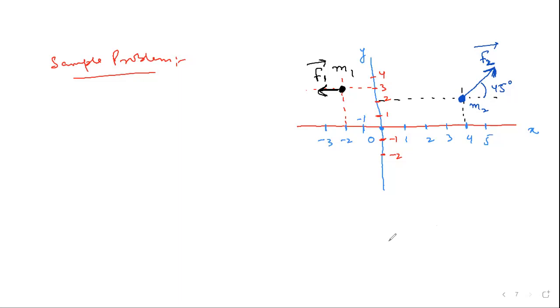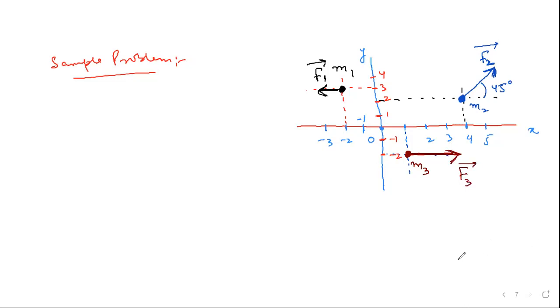Then I have another particle at the location x equal to 1, y equal to -2. This is my M3. It is acted upon by another force F3 this way, parallel to x-axis.